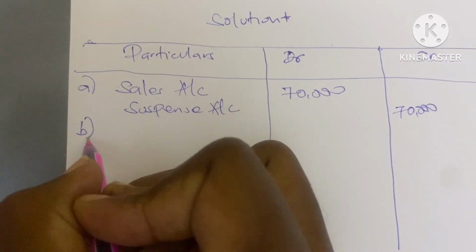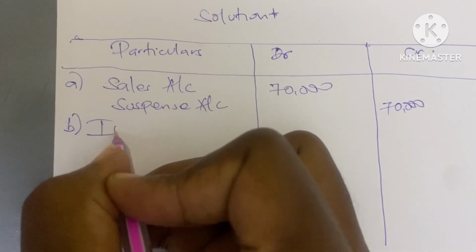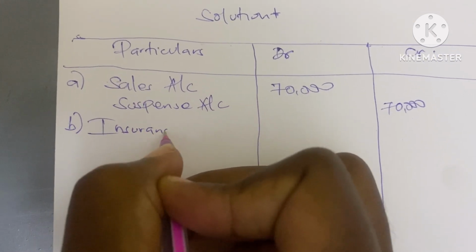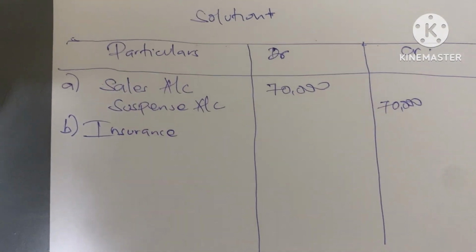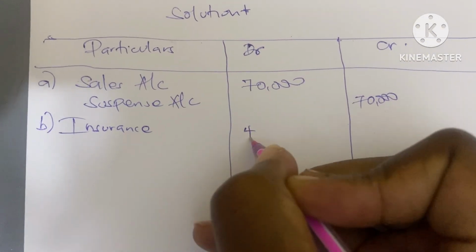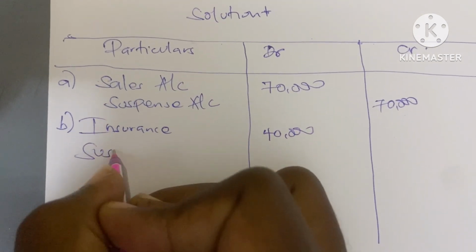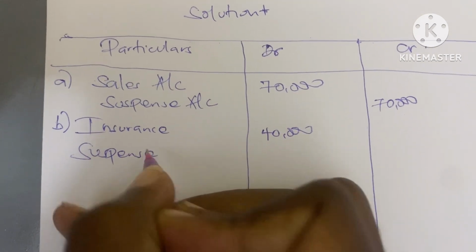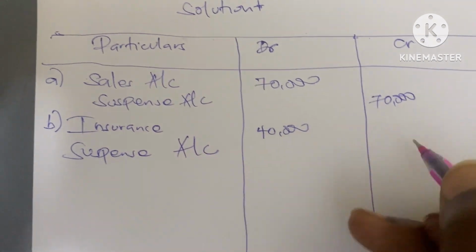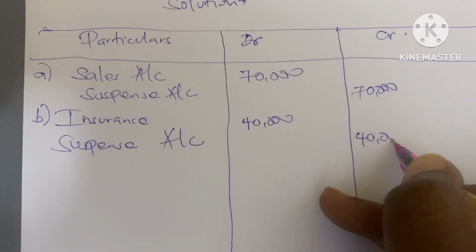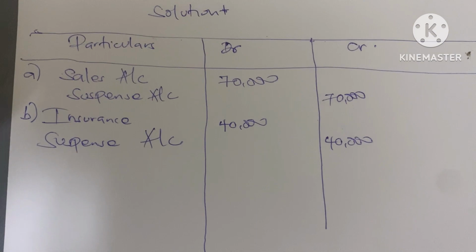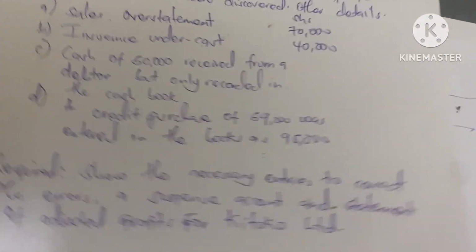So we shall write B. Insurance, 40,000 on the debit side, then suspense account, same figure, 40,000, like that.